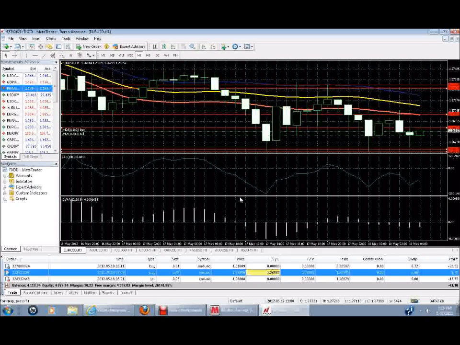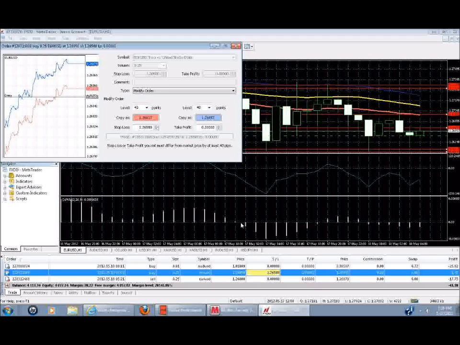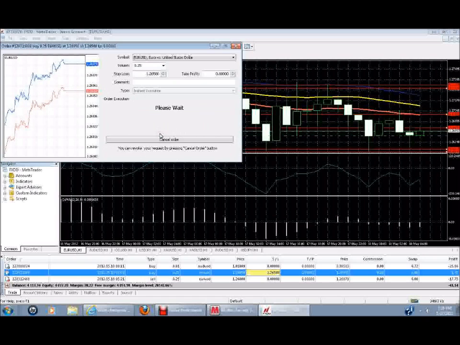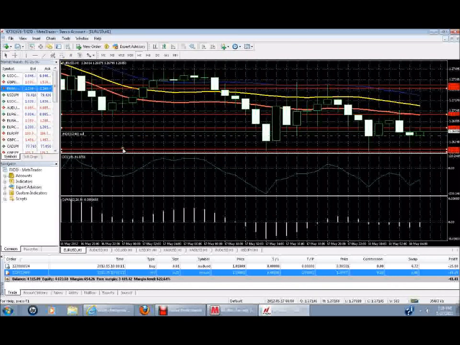So we're going to take that little profit. Just how you take profit, okay? I click it to instant execution, and I close the position. Okay, we just made $1.75. Now we wait on it to come down.